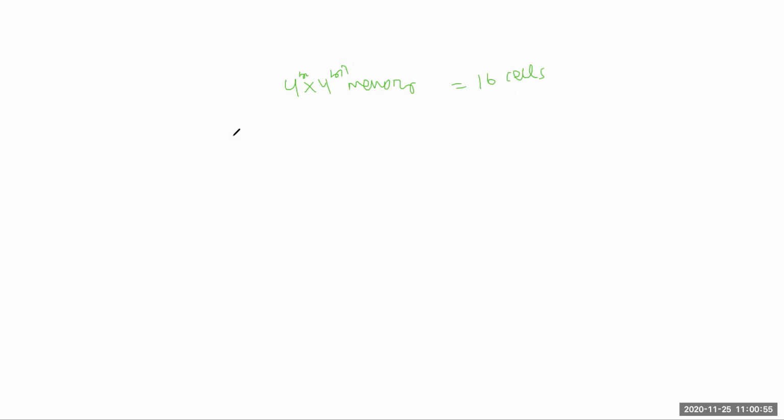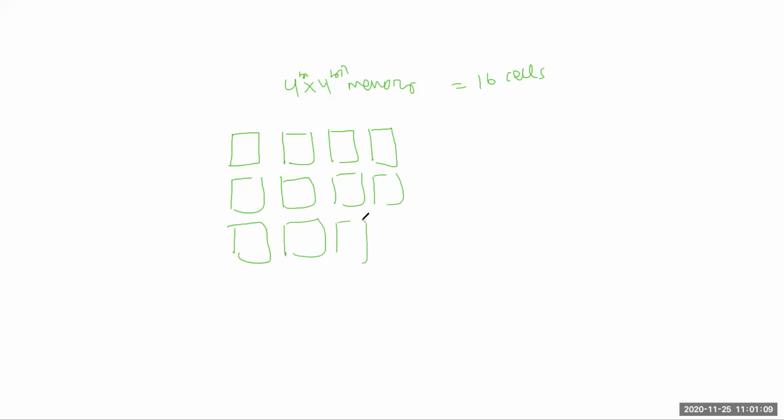So how will we place them? Here you place one cell, and it will be 4 rows and 4 columns. This is your total memory area.